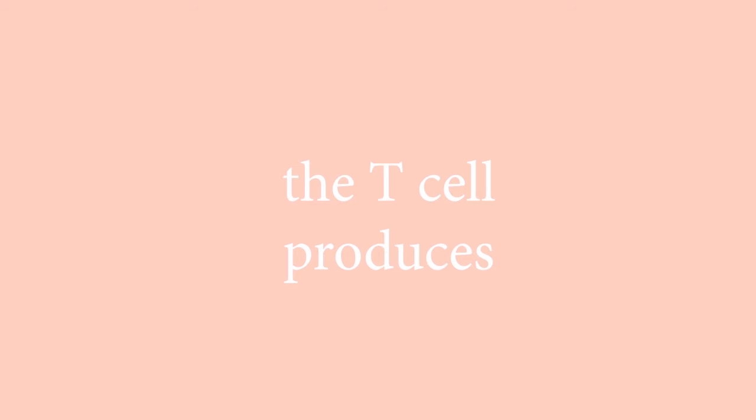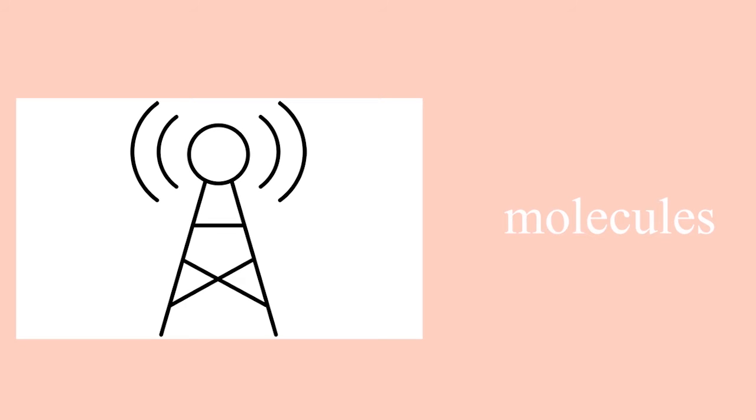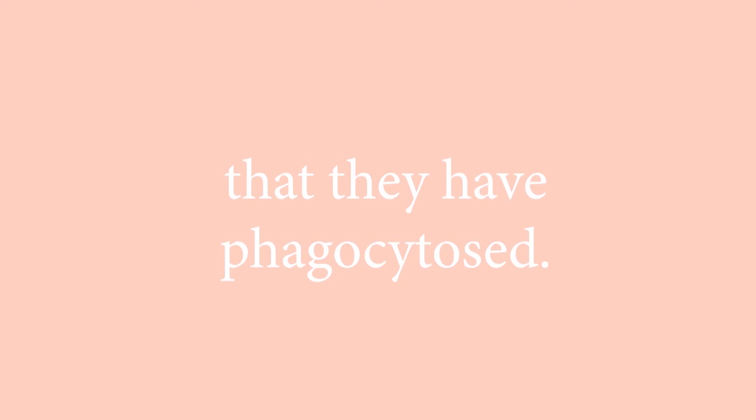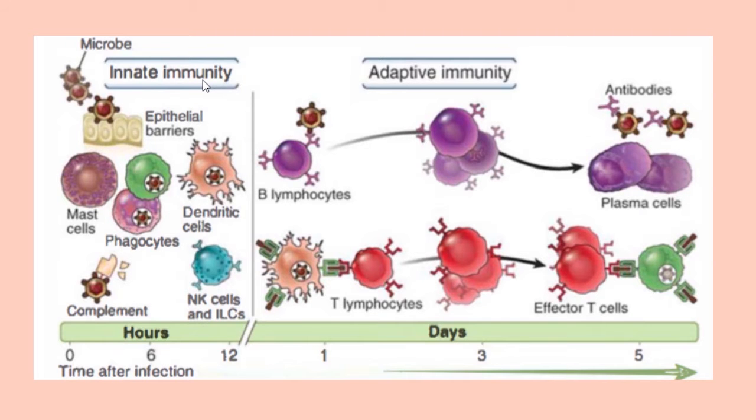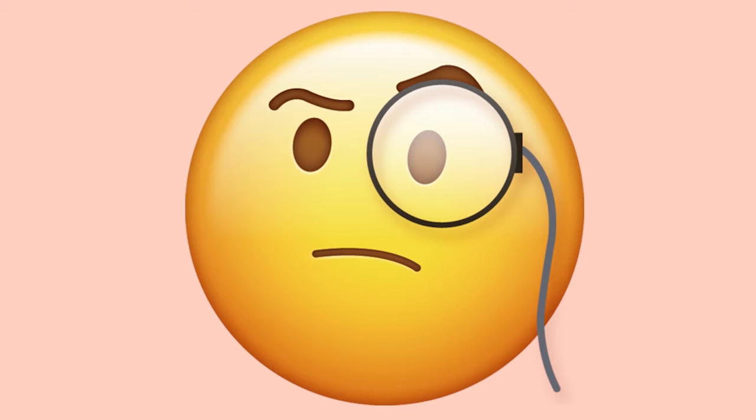In other cases, the T cell produces signal molecules that activate macrophages to destroy the invading microbes that they have phagocytosed. So, now that we know about adaptive and innate immunity, what is really the difference between them?